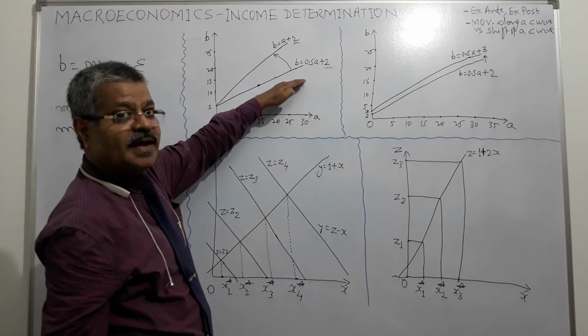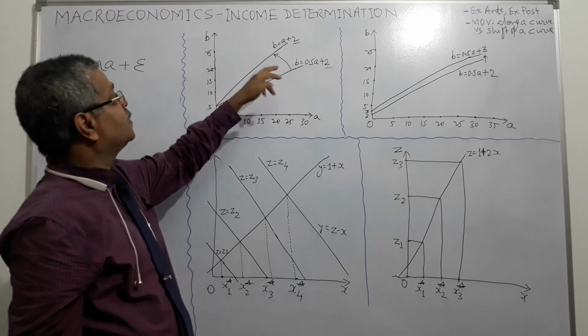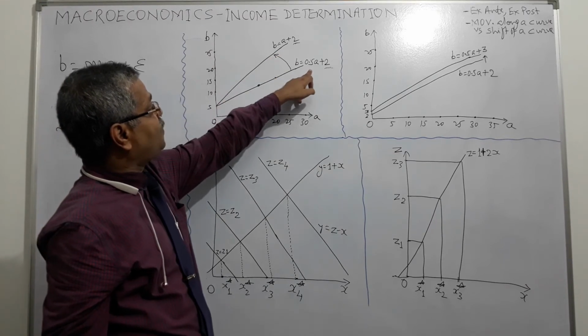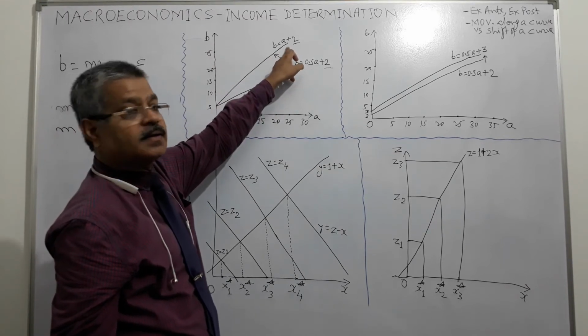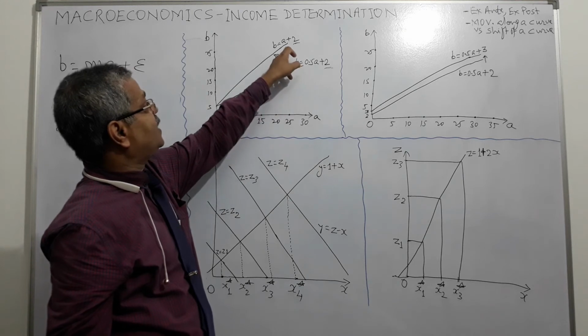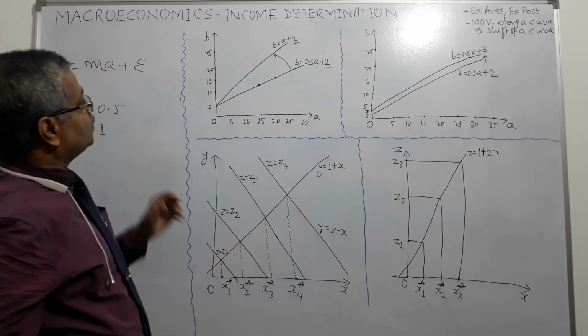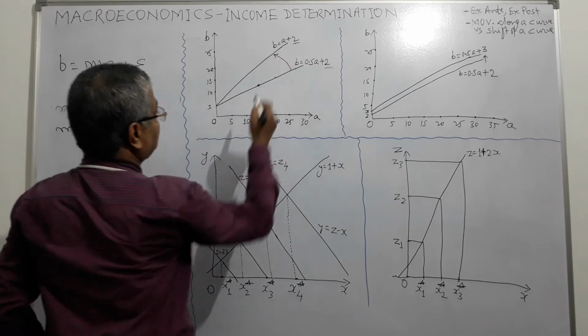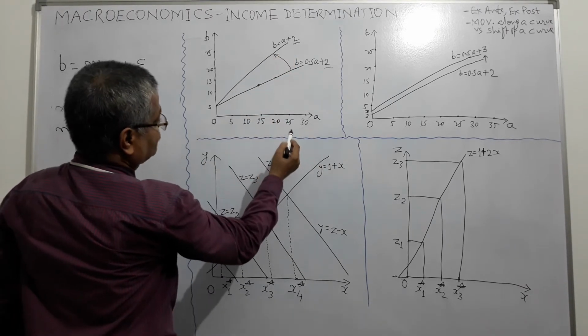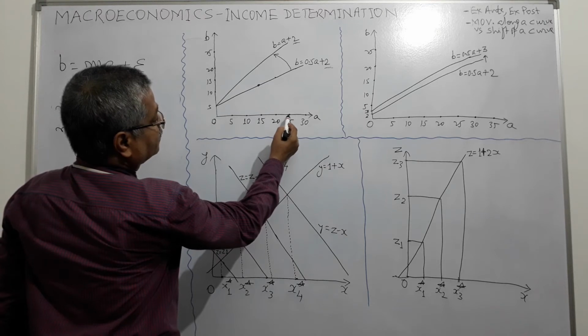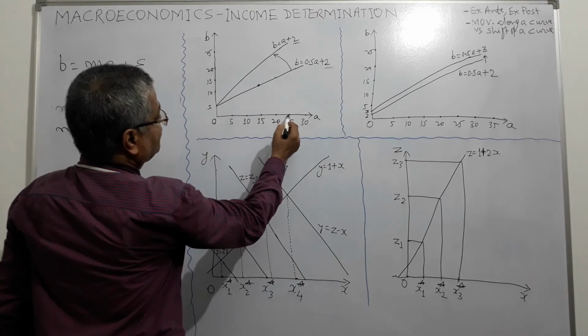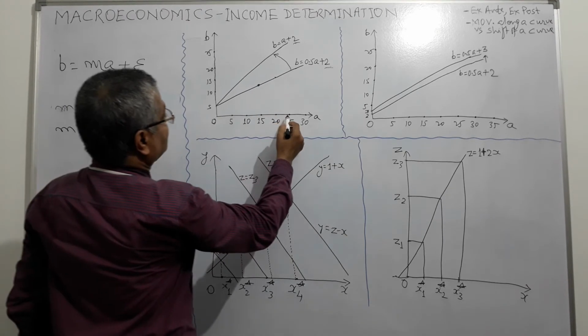This straight line shifts up because half A has become A, right? 0.5A has become A, E remains constant at 2. So now you see here, B is equal to A plus 2. This is A. Suppose you take 25. A plus 2, 25 plus 2, 27.